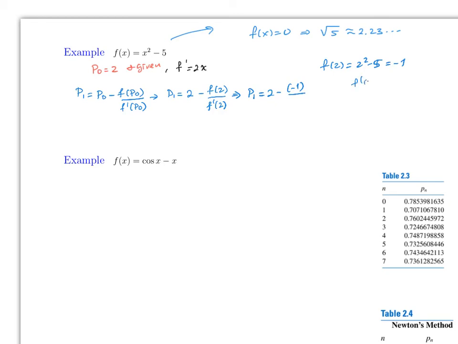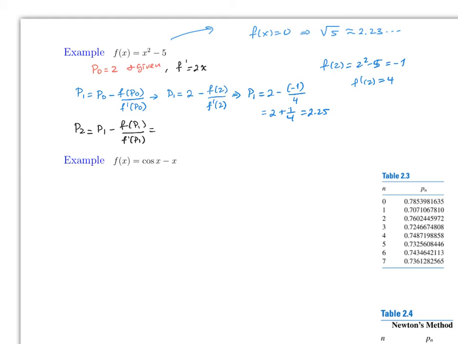f prime of 2 is equal to 4. So technically this is equal to 2 plus 1 over 4, which is 2.25. In the same way, P2 will be P1 minus f of P1 divided by f prime of P1.